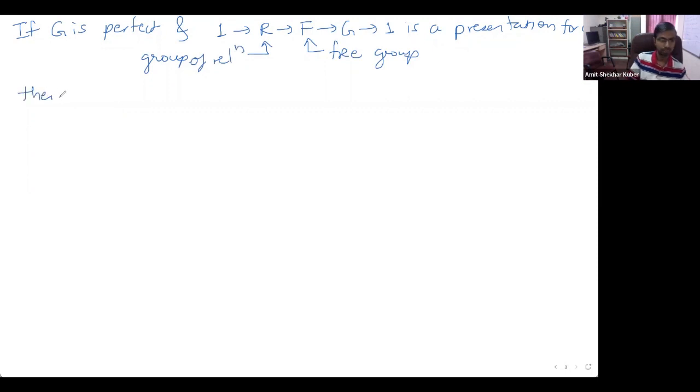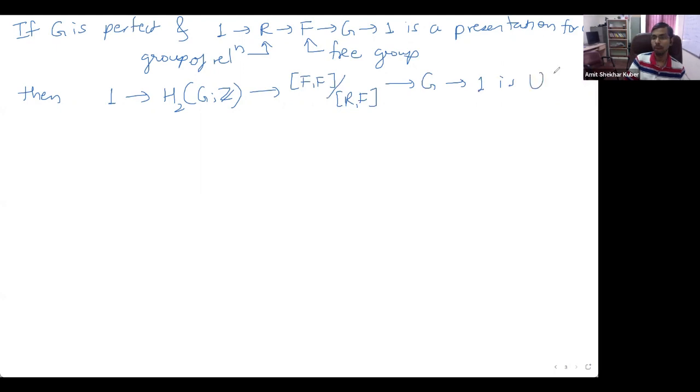Then what is the universal central extension? Then 1 to H2(G, Z) to F' modulo [R, F] to G to 1 is the universal central extension. So this is the homology group H2(G, Z).